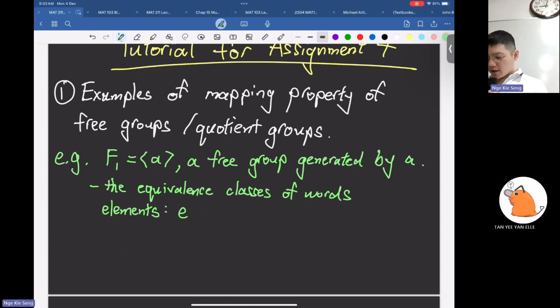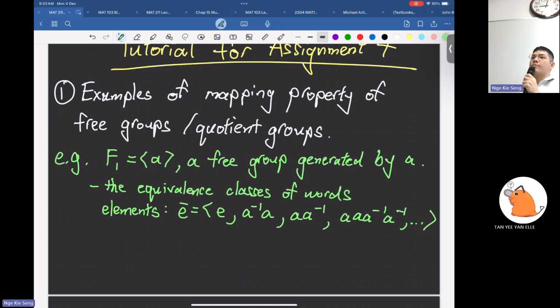What is in the set of the identity here? For example, the identity, and the word A concatenated with A inverse, concatenated with A inverse, and then maybe A inverse, and so on.